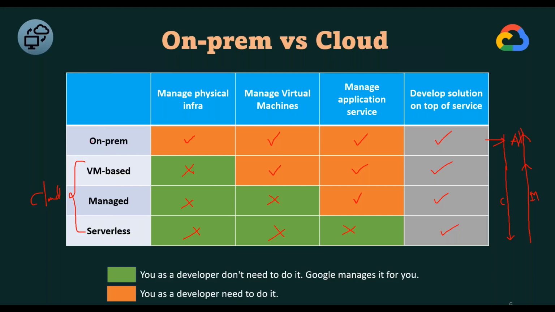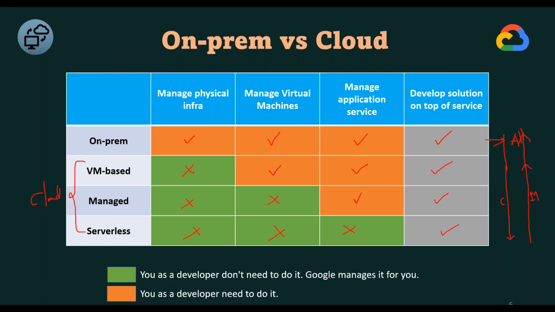In on-premises, you have control over everything, but you have a lot of burden on the management side, that means infrastructure management. When you keep moving down, the control on the project is reduced, but the management of the infrastructure is also reduced.